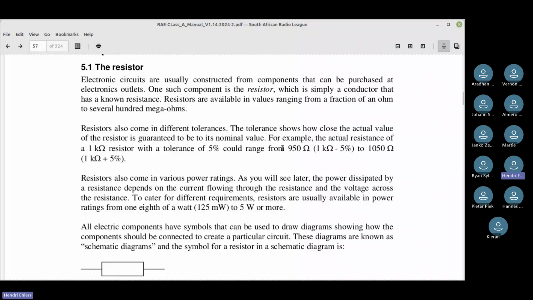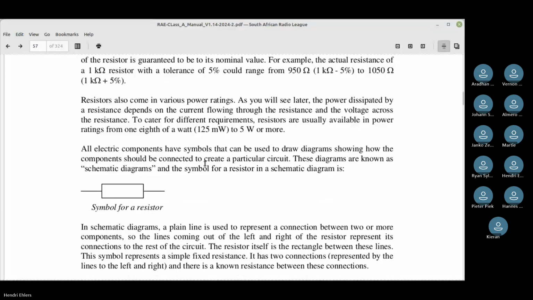That means that if it's 5%, a 1K resistor could be 950 ohms or 1050 ohms, and that would be considered a 1 kilo ohm 5% resistor. It comes in different wattages. They've got a 125 milliwatt resistor over here.